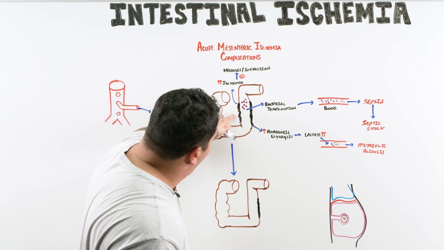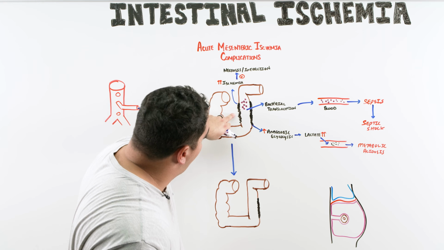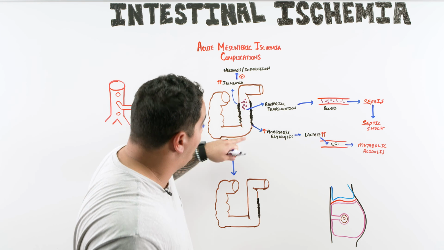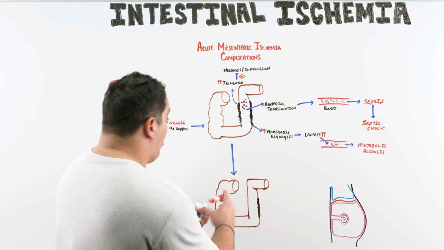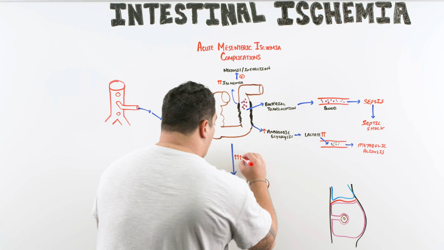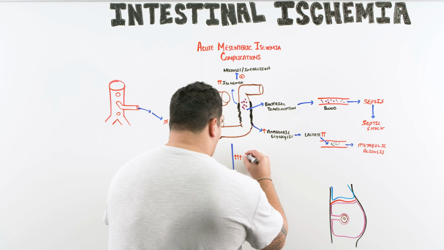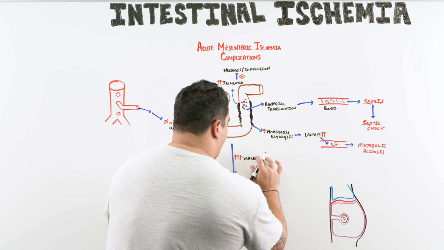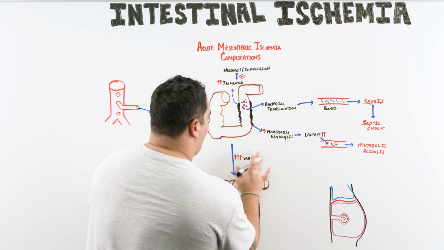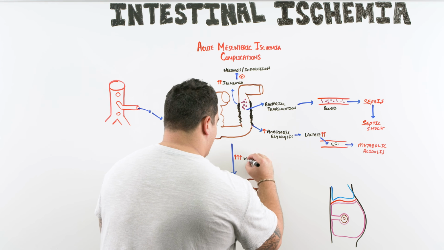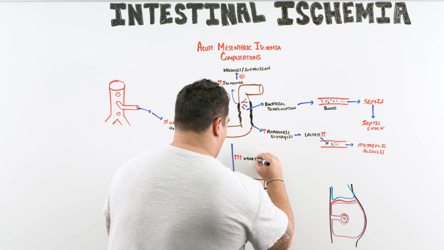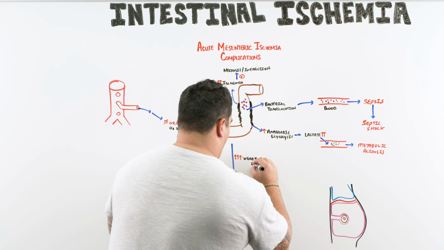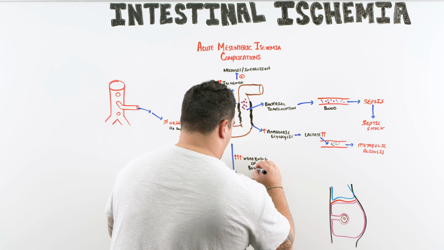Let's say though, as the bowel wall becomes more and more ischemic and it begins to necrose and infarct, it's weak. And now we have increased the weakening of the bowel.